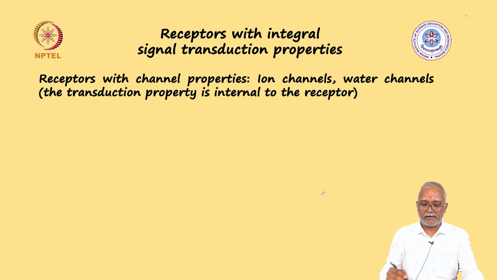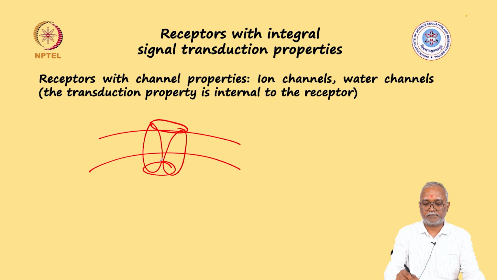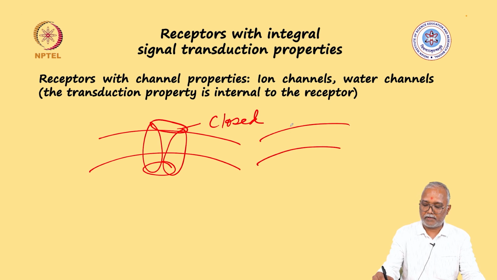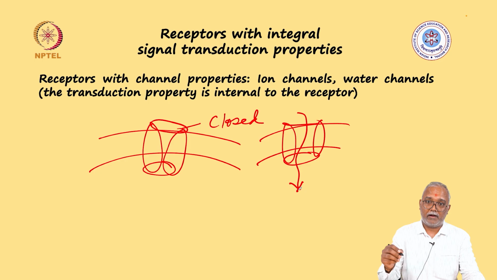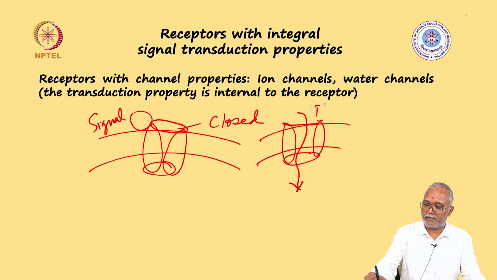What I mean by that is that these receptors have a conformation which seems to be closed, and these can be activated so that this conformation changes and it becomes more of an open type. Thus, the message which has been delivered through the signal is conveyed through the receptor itself.